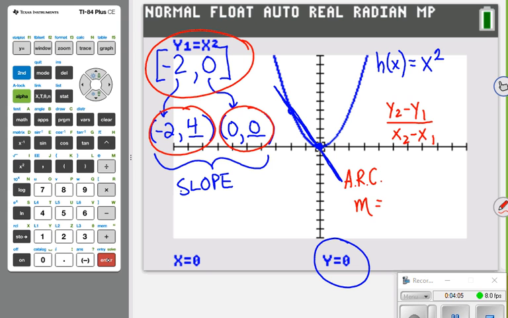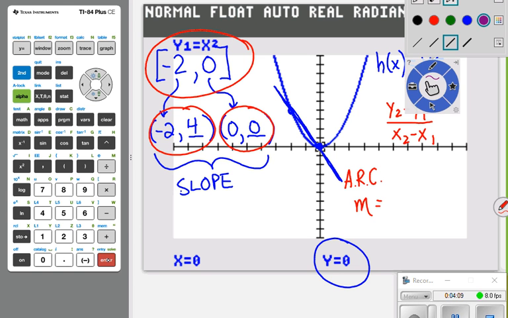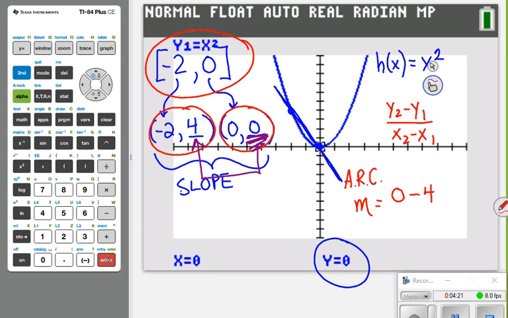So for y2 minus y1, we're going to take 0 minus 4. That'll be in the numerator. The second y minus the first y, divided by x2, that's the second x, minus x1, which is the first x. So that'll be 0 minus -2.